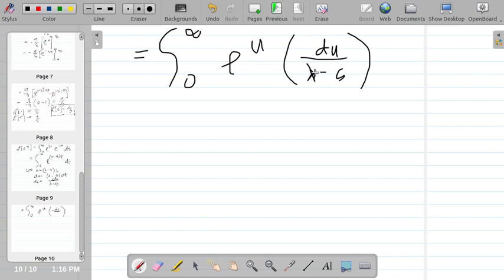So all variables that do not contain t are just equal to a constant. So ipagawas nato ning lambda minus s since constant ni sila. Integral from 0 to infinity of e^u du.